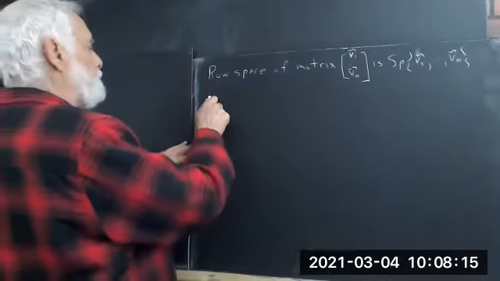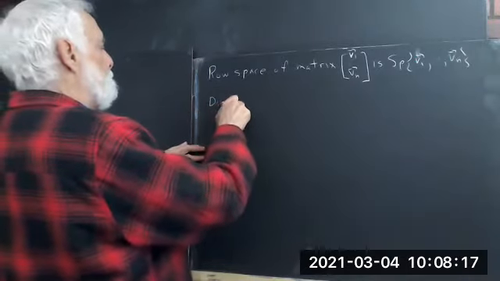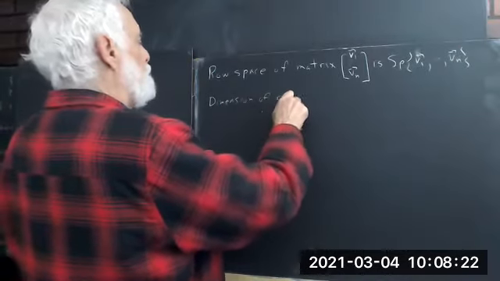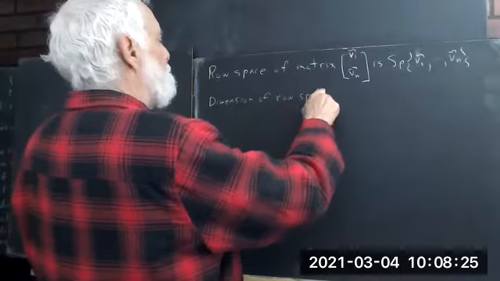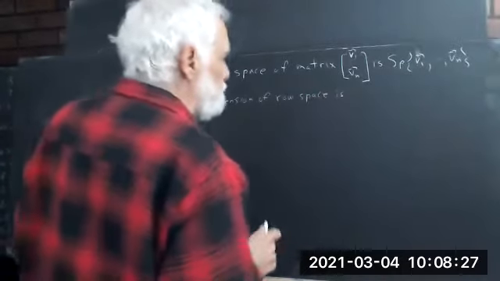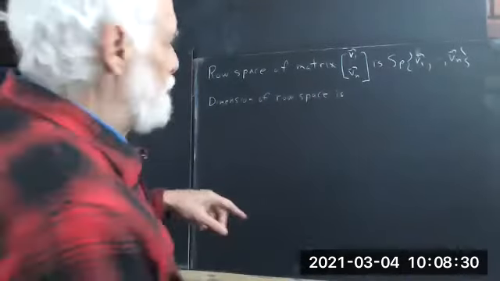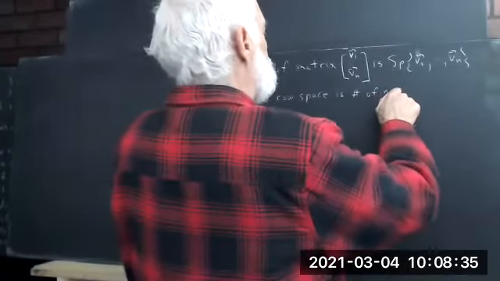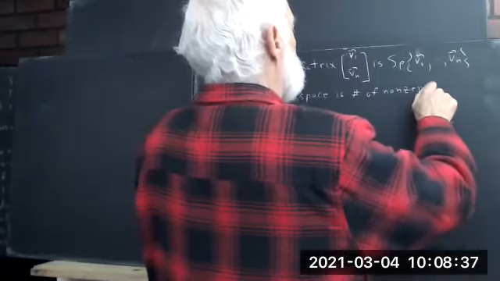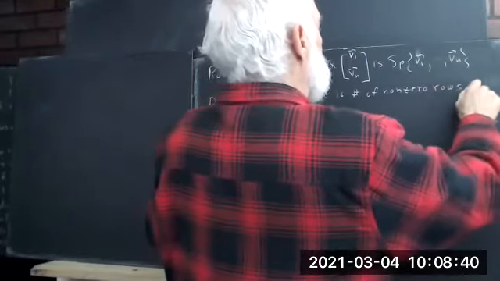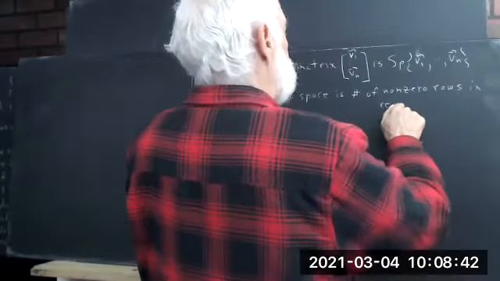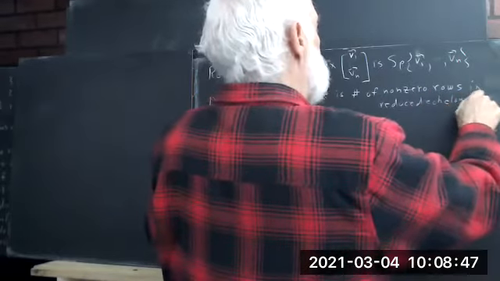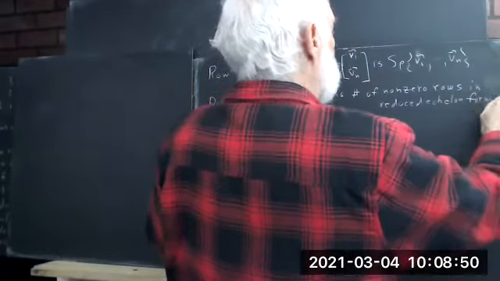The dimension of the row space is the number of non-zero rows in reduced echelon form.